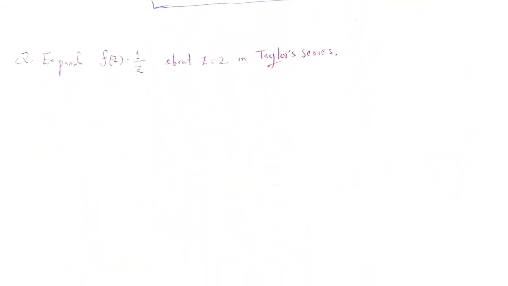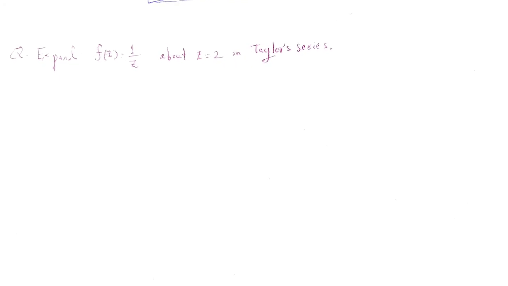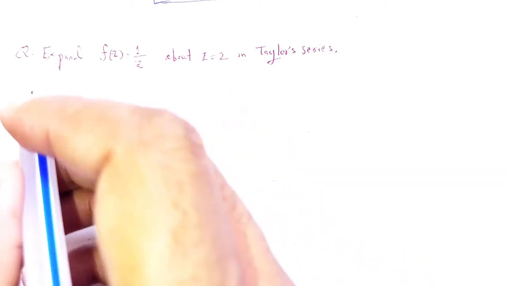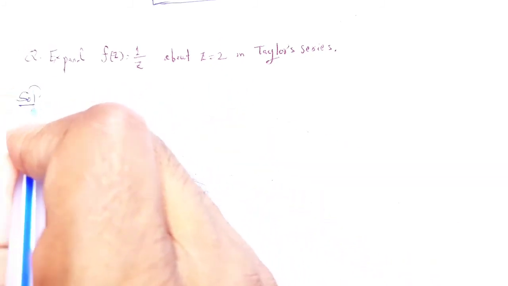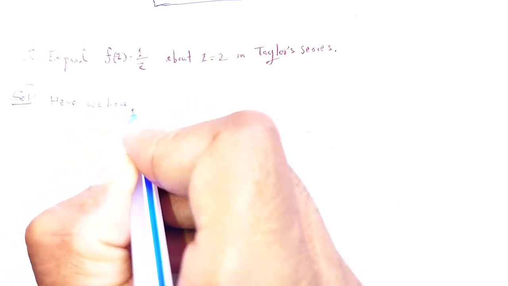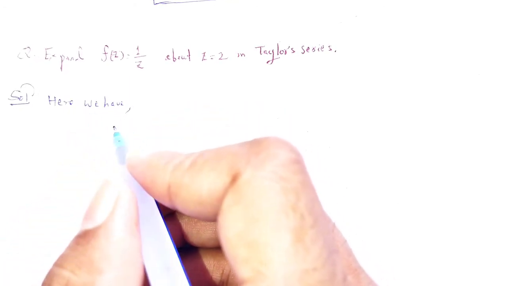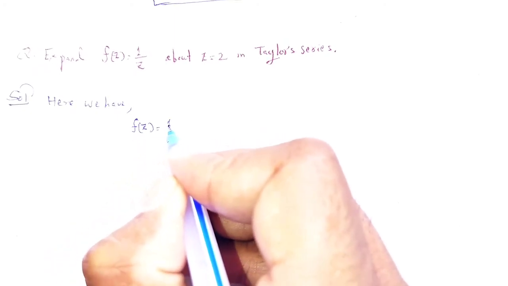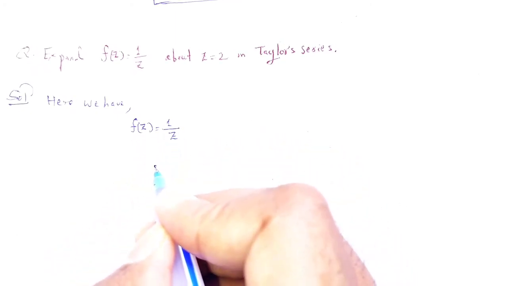Next question, expand f of z is equal to 1 divided by z about z is equal to 2 in Taylor's series. Solution. Here we have that function f of z is equal to 1 divided by z.